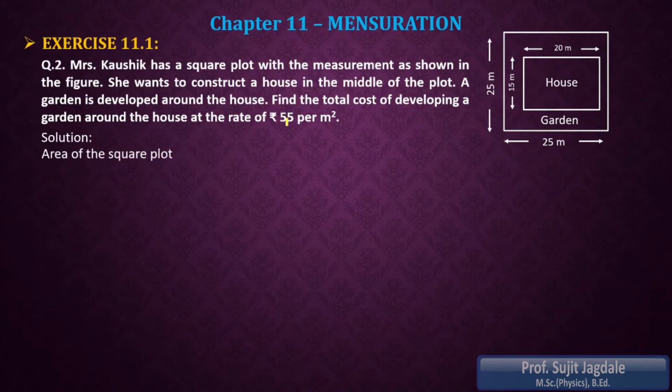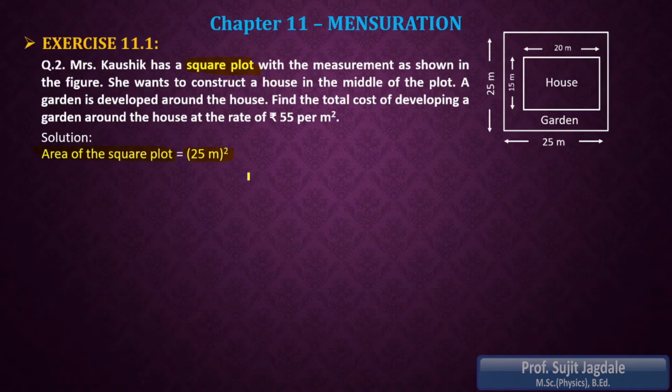Now how to find the area of the garden? Before finding the area of the garden, first I am going to find the area of the square plot, because the dimensions of the plot are given: a square plot whose side is 25 meter. We know the formula for the area of a square is side square, and here the side is 25 meter, so it is 25 meter square.